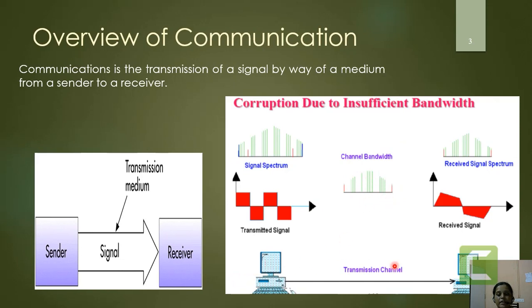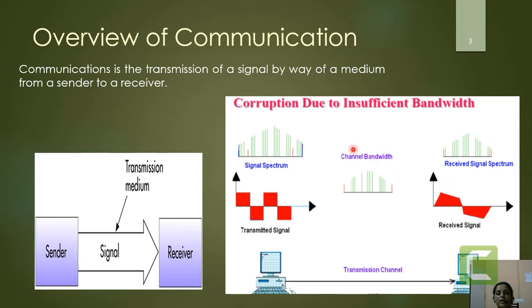So this is a physical situation of the number of instruments and the channel which is present. Let's say that the bandwidth of the transmitted signal is more as compared to the bandwidth of the channel. When such a signal is transmitted on the channel, you can see in this diagram of the received signal that a major portion of the information has been lost.